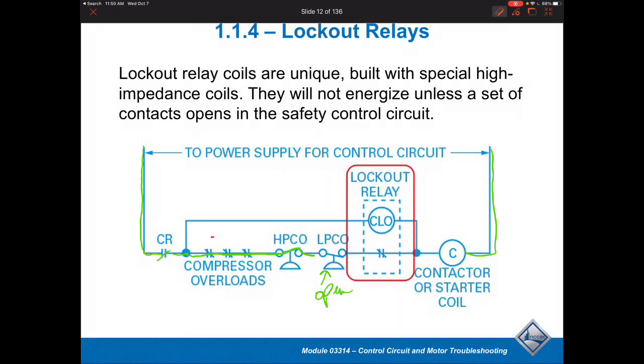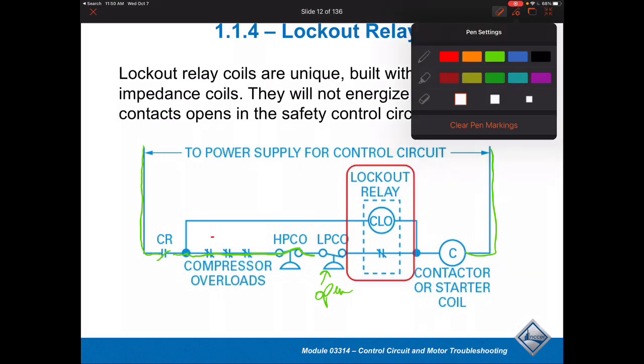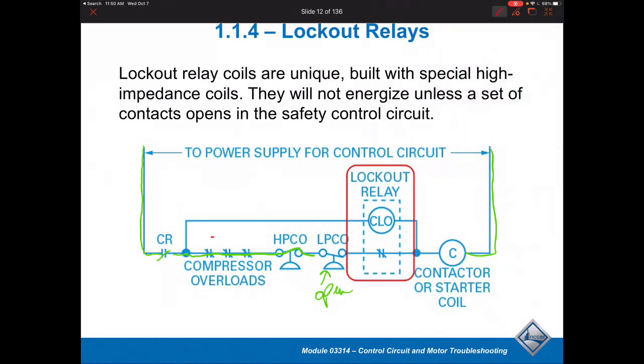Now, if I look back on this, because this is open, I have an actual potential difference in voltage across that relay.